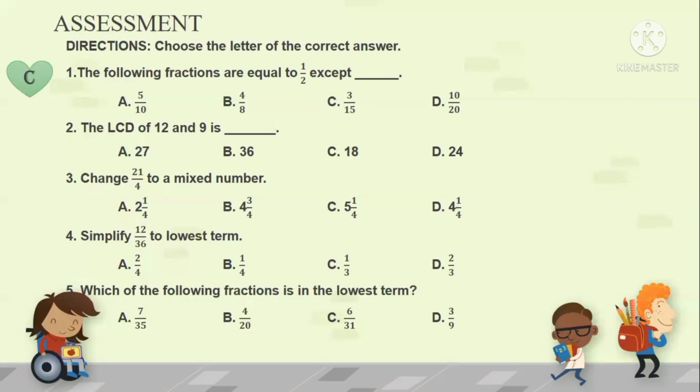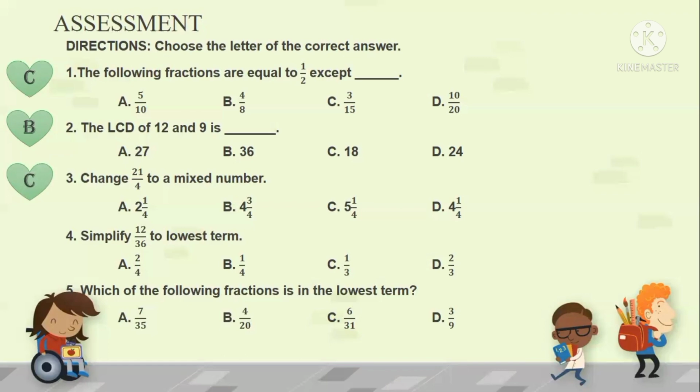For number 2, the LCD or the least common denominator of 12 and 9 is 36, letter B. And to change 21/4 to mixed number, it gives us 5 and 1/4.